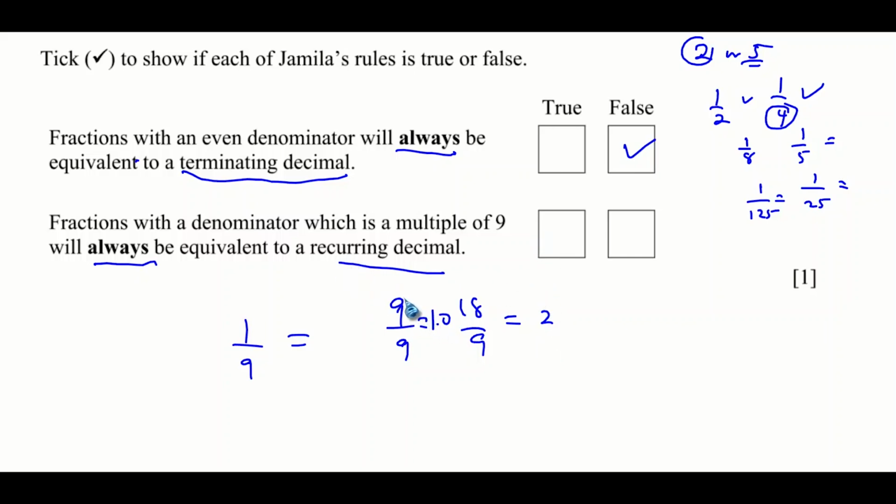So you can see that even though the denominator is 9, we still got a terminating decimal number. So this rule only works for proper fractions. When you have improper fractions and the like, it will terminate. So it is not always true, and this will also be false. You just have to understand these facts to be able to get this straight away. Okay, so let's go to the next one.